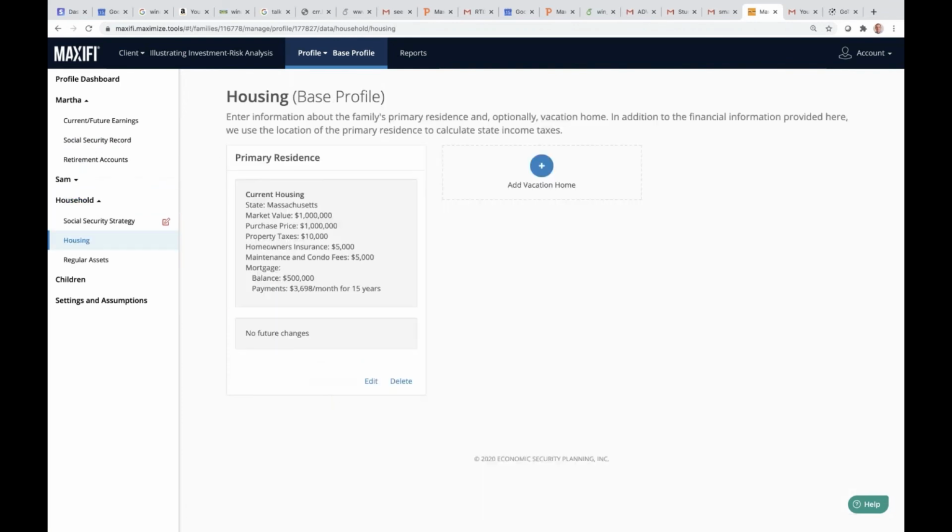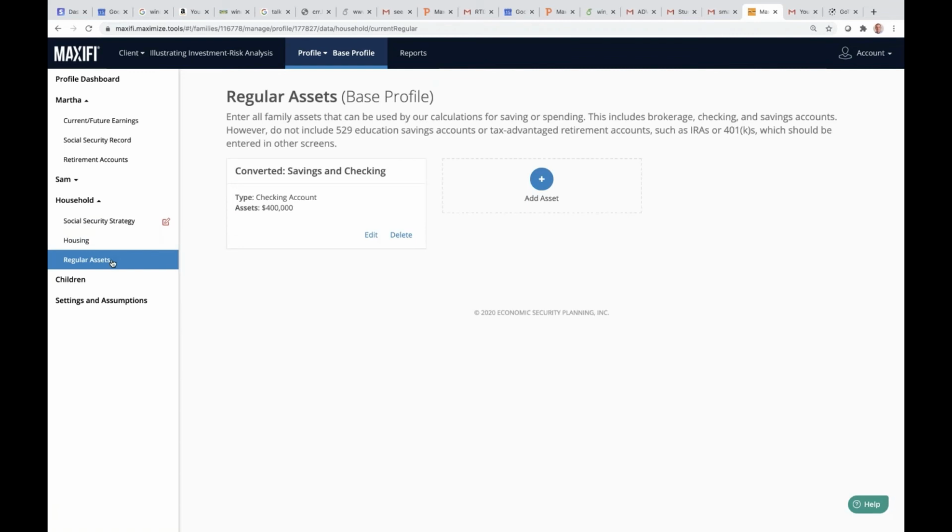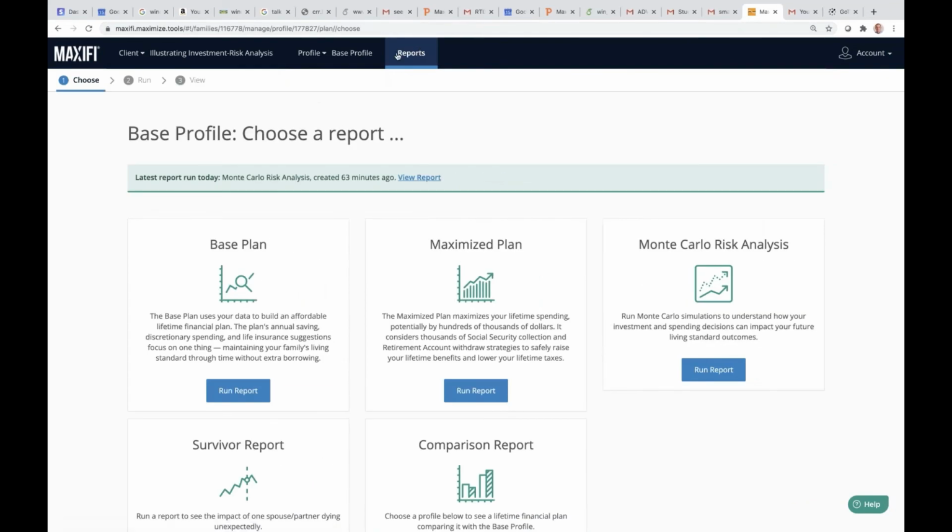They have this house with a mortgage, and they have the $400,000 in regular assets. I've run in prior webinars this report, the maximization report, and I've also shown you how to manually try and find safe ways to raise your living standard.